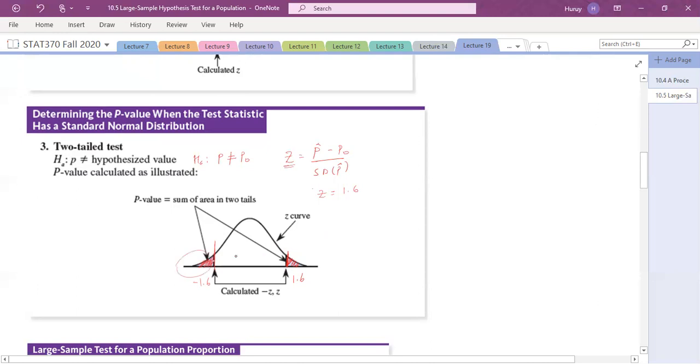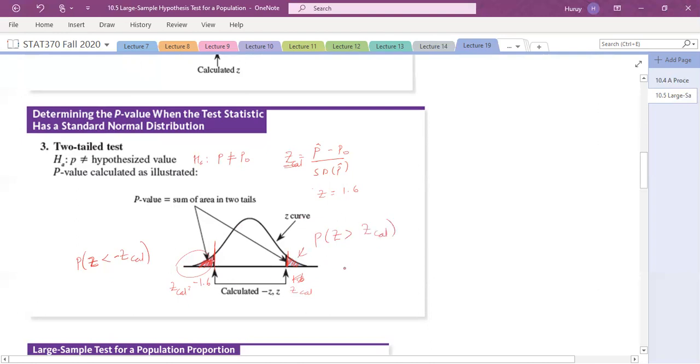This area is the probability of z less than negative z calculated, and this area is the probability of z greater than z calculated.